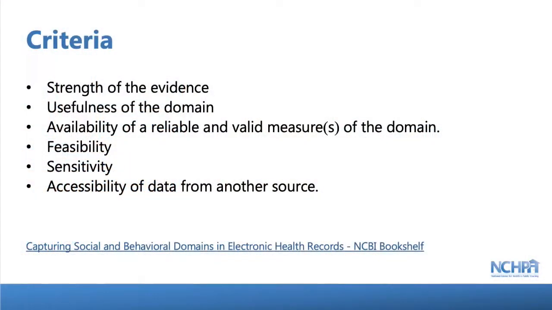The fifth is sensitivity, that is, if patient discomfort regarding revealing some of that personal information is high, or if there are increased risks, or privacy risks or legal risks. And then the last one is accessibility of data from another source. So if there is information available from an external source, it would have less priority for inclusion in the EHR.